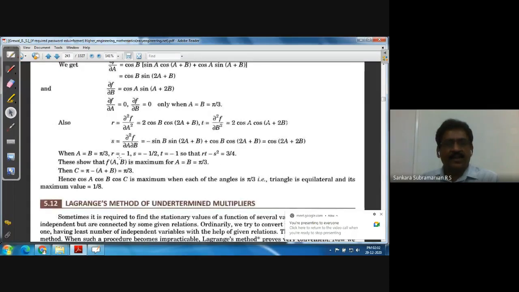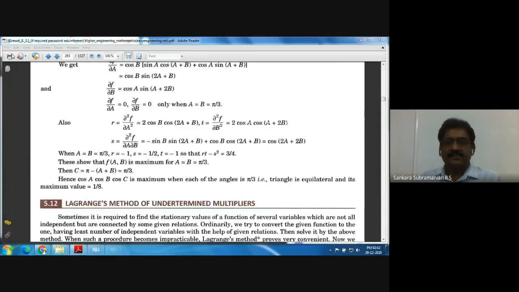We should get R equals minus 1, S equals minus half, and T equals minus 1. And RT minus S square will be 3 by 4.